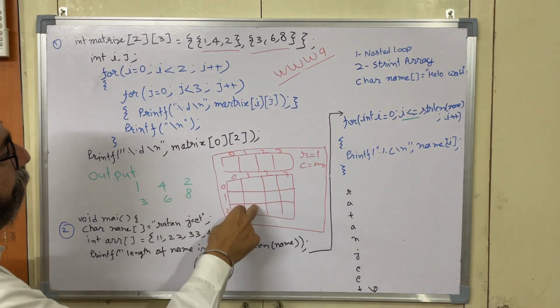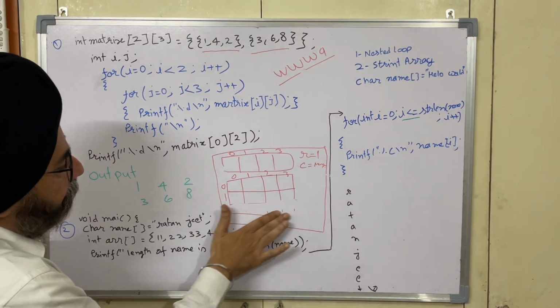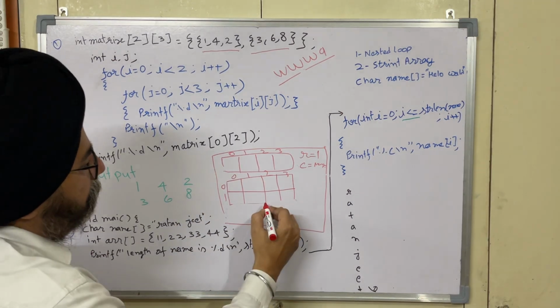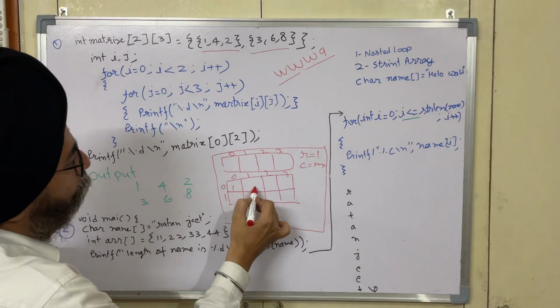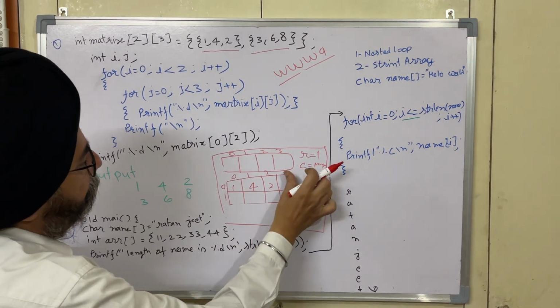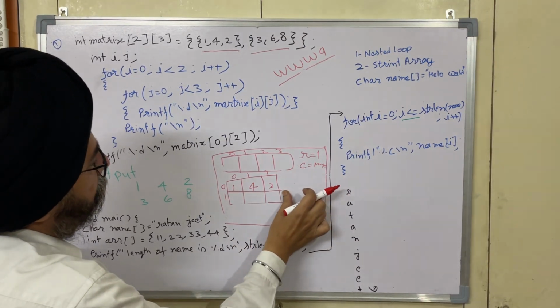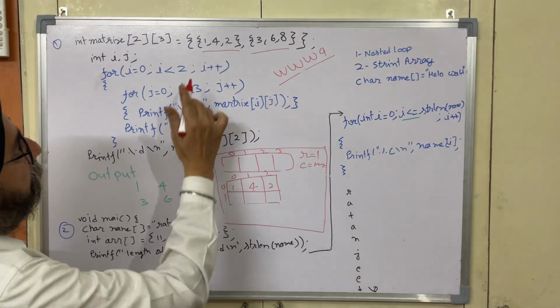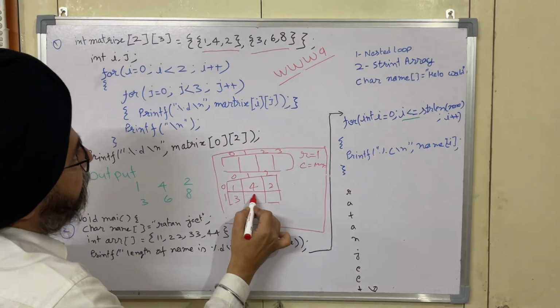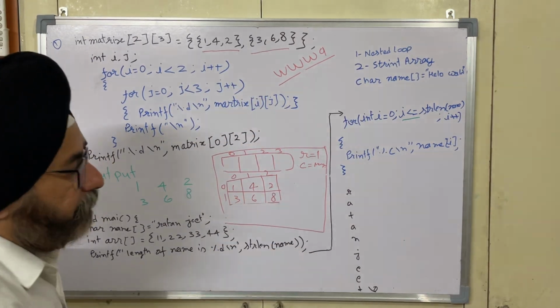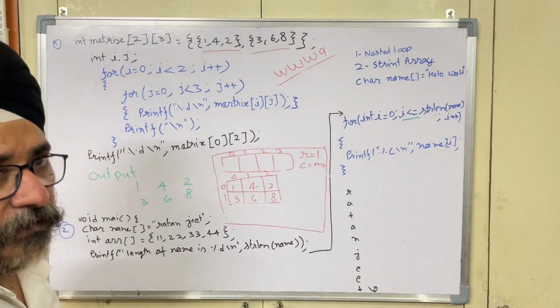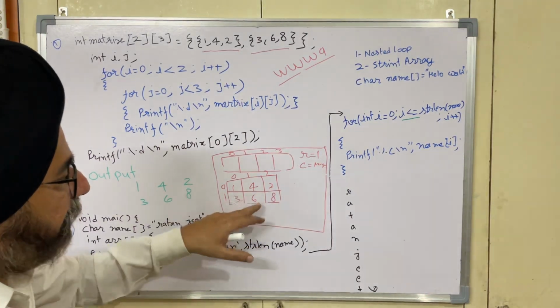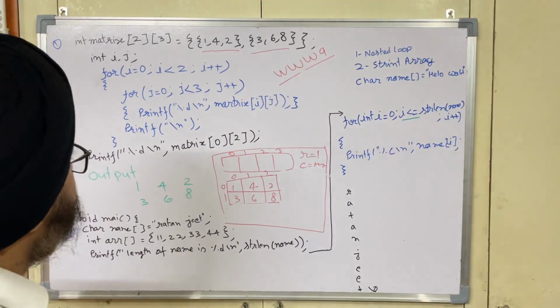If we are working in such a way, the first values are 1, 4 and 2, and for the second 3, 6, 8. Now you can understand how we are using the elements inside the double dimension array.